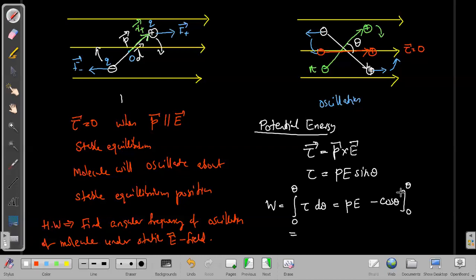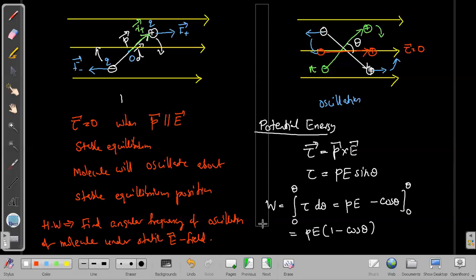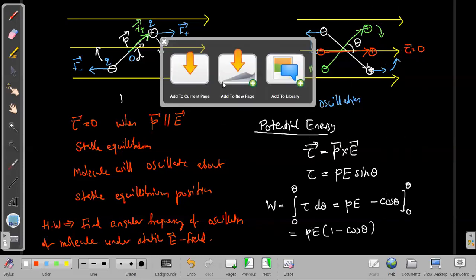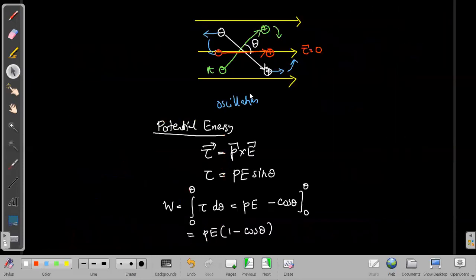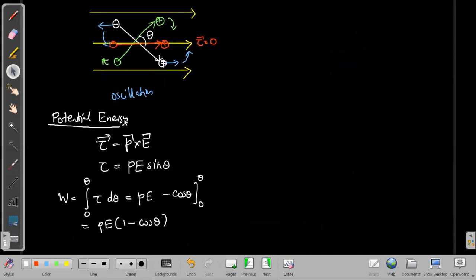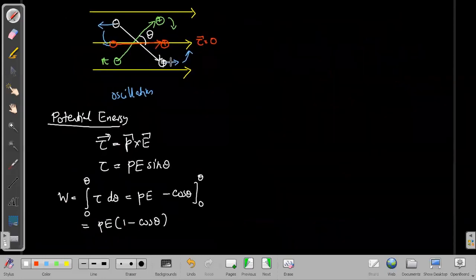So this becomes P E into 1 minus cos theta. Now this work done, I can always write as the final potential energy minus the initial potential energy.